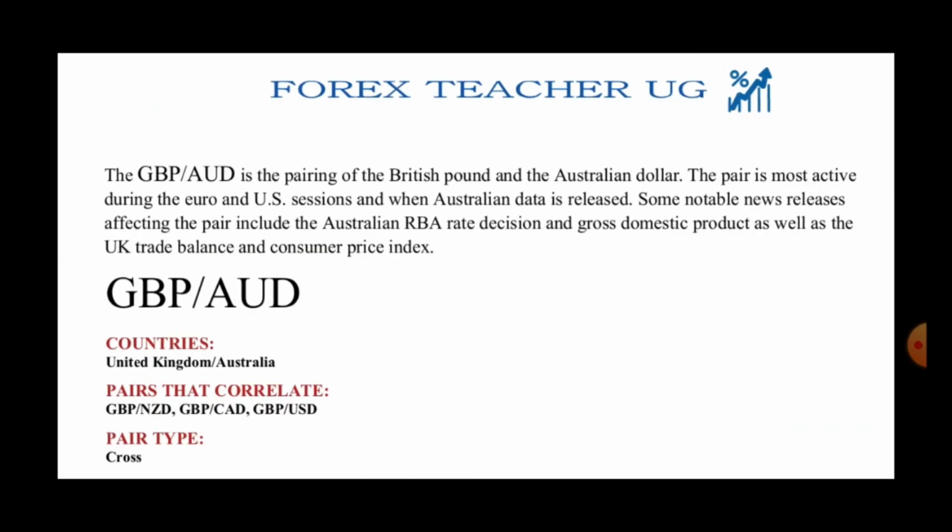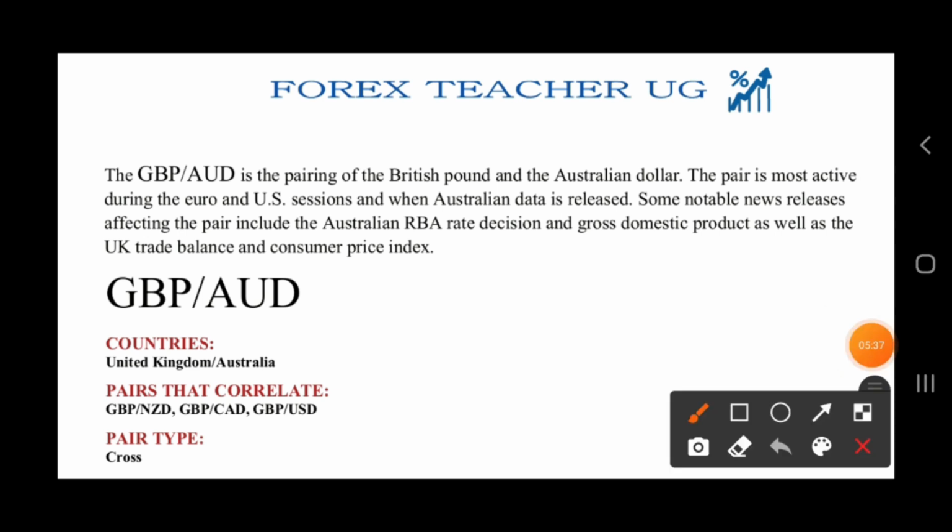Now let's talk about the GBP AUD. It's the pairing of the British pound and the Australian dollar. The pair is most active during the euro and US sessions, and when Australian data is released.